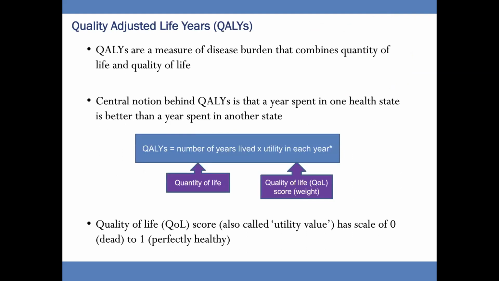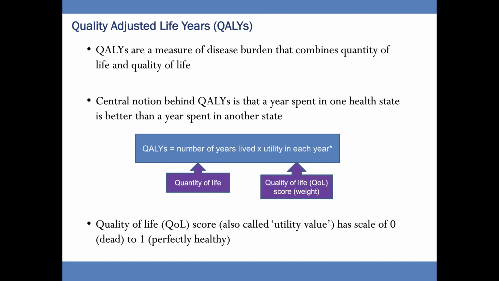So what is quality adjusted life year? It is a measure of the disease burden, a health outcome that combines the quantity of life and quality of life. It's calculated as the product of the number of years that you live and the quality of life in those years. The quantity of life here is very easy to measure, right?